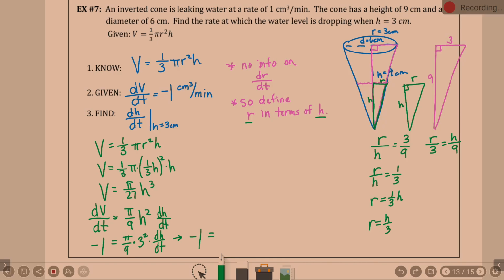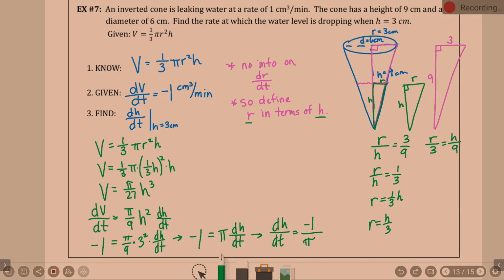So then it's just going to be dh dt equals negative 1 over pi. Yeah, because 3 squared and 9 end up canceling, so you just have pi. Negative 1 divided by pi.